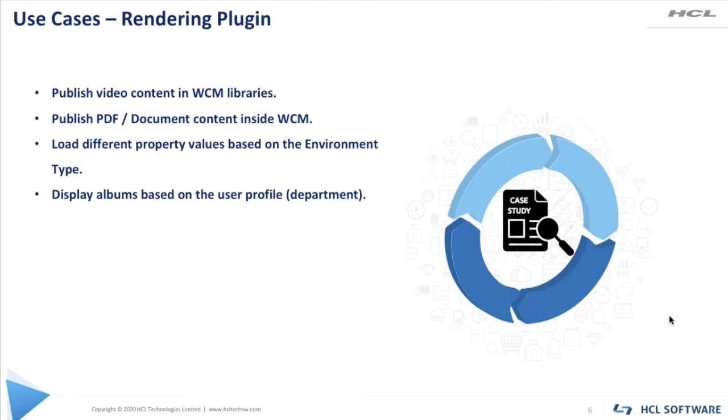In that case, they can write a plugin inside the content which identifies the department based on the user who has logged into the portal, and by reading his profile information, they can display those event albums.